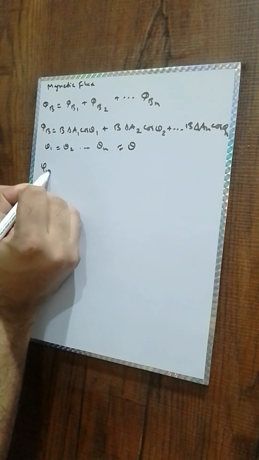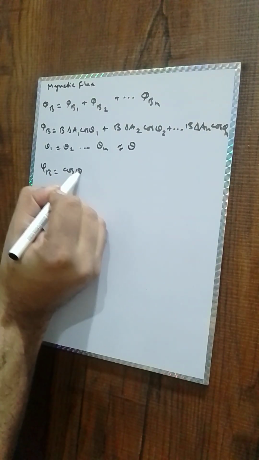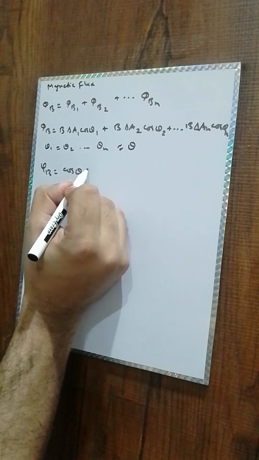So cos theta comes out, and now B outside, because the field is also common and the value is very much the same for the field and the angle aspect.